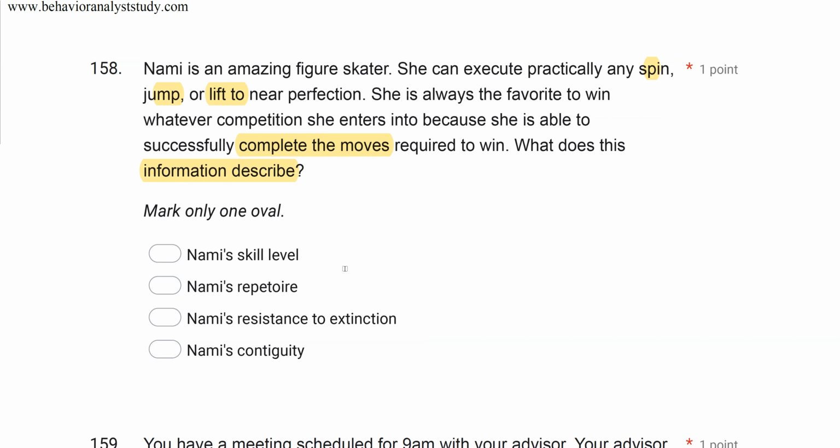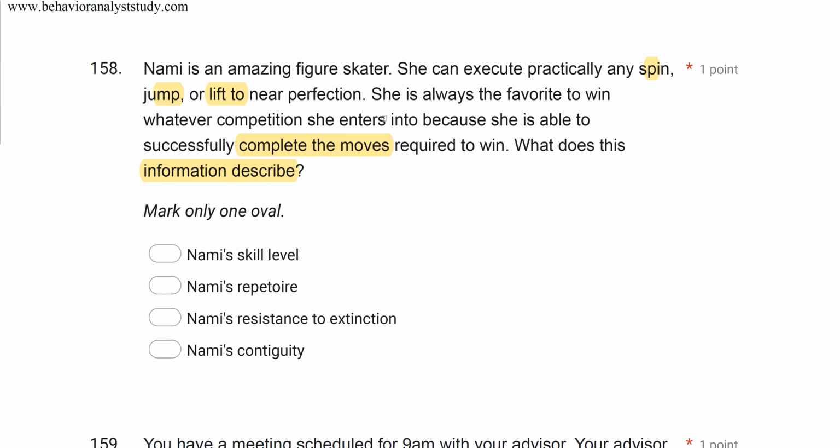Is the information describing Nami's skill level? Well, one, not necessarily. We're not comparing her skill level to anything. We're describing what she's able to do. But two, more importantly, skill level isn't conceptually systematic. We're not talking in behavior analytic terms when we talk about skill level.